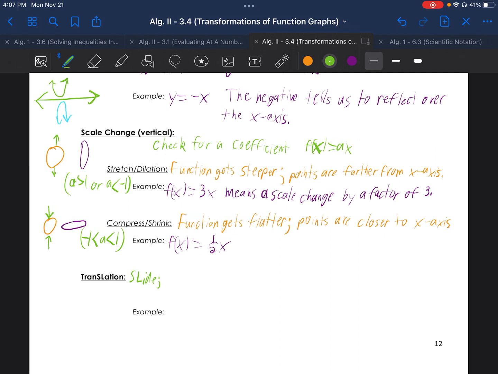Translation, and yes, the SL is capitalized on purpose because it's like a slide. And I capitalize those on purpose as well. So it's movement of the original function without changing the size, shape, or orientation.